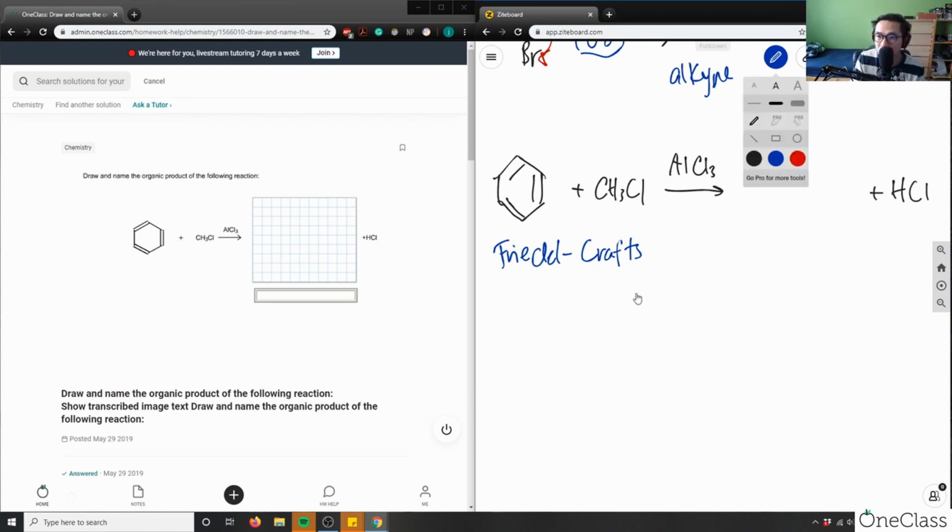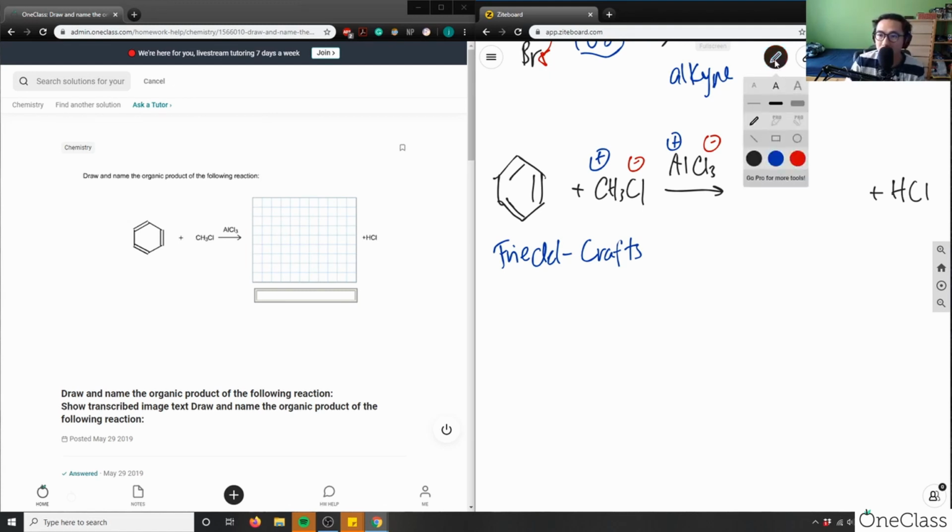CH3 is partially positive, and Cl is negative. Aluminum is positively charged, and the chlorine is negative. So this CH3Cl is going to get activated by the aluminum trichloride.